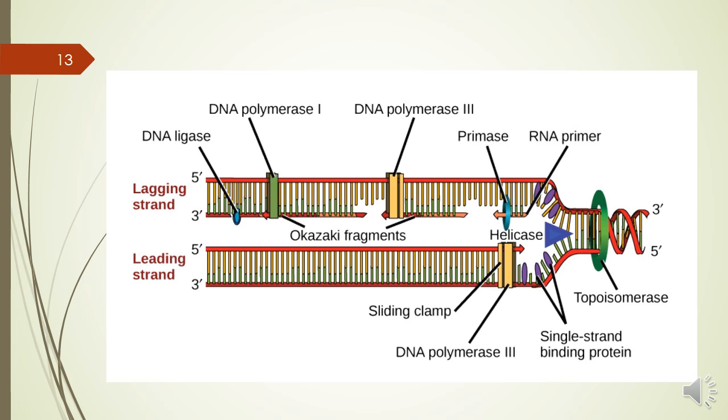Once again, I will repeat the question because this is a visual connection question and you need to focus on this figure. You isolate a cell strain in which the joining of Okazaki fragments is impaired. This is one Okazaki fragment, this is another, and this is another. Now, this is the joining point, this is the joining point, this is the joining point.